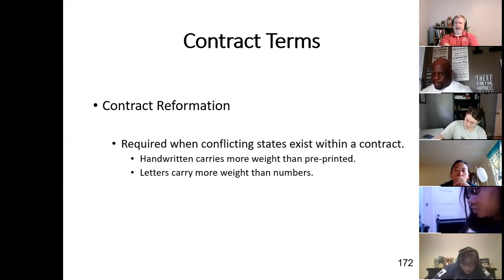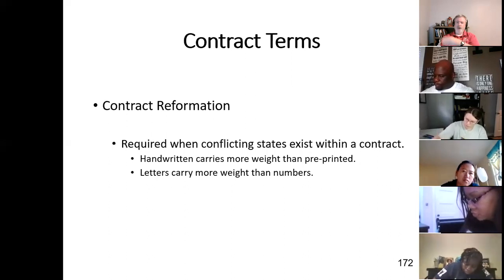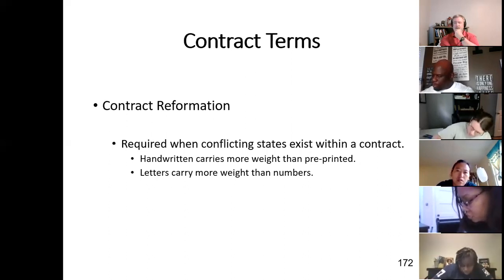Do you think that might happen much? I'm telling you, it's very common, where it'll say one thing already in the contract and then somebody wrote something else that contradicts it. So now in a situation like that, which provision do you go with? Do you go with the one that was already pre-printed in the contract, or the one that was handwritten by somebody? That's where reformation comes into play. Contract reformation.